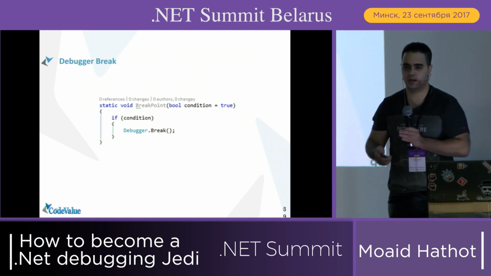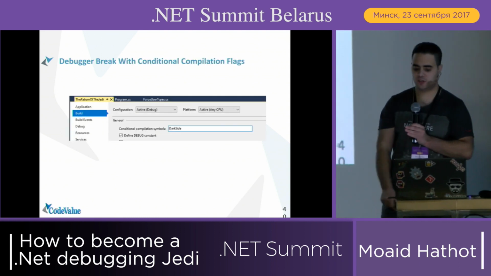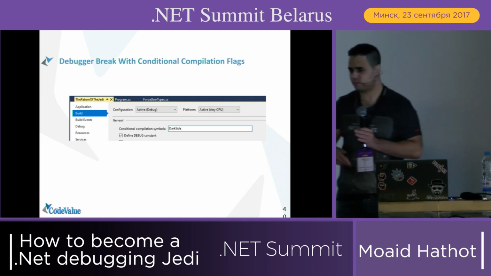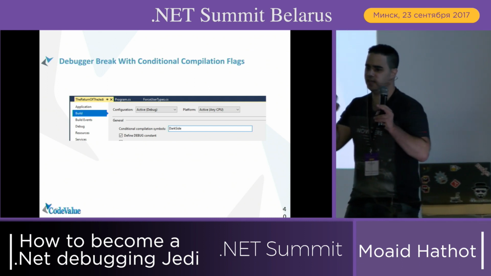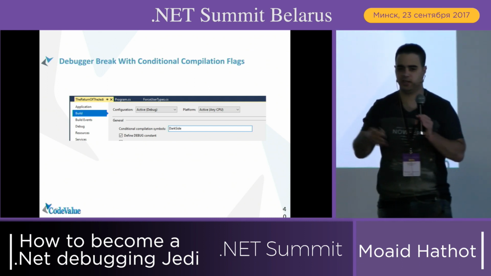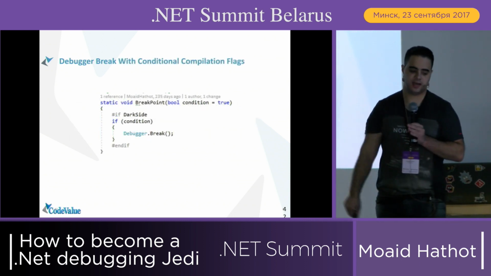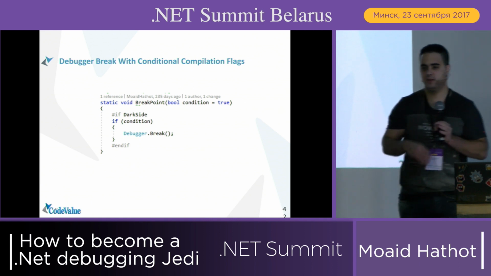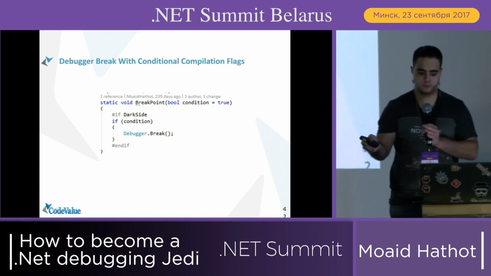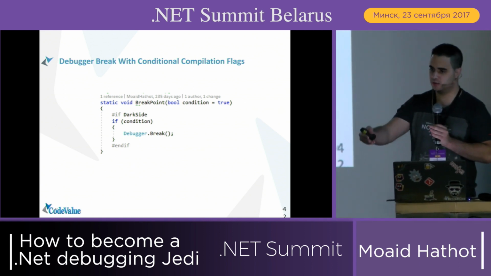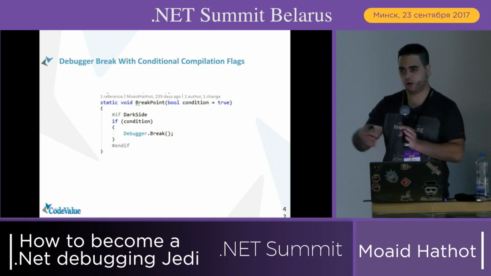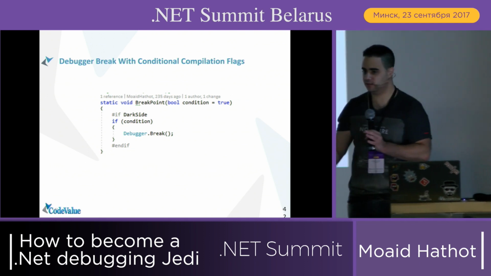Well, what I can do is define something called conditional compilation symbols, which is actually just a name for a symbol that we can define at compile time. And then we can add #if and #endif directives. When the compiler reaches this code, it will check if DarkSide is defined.